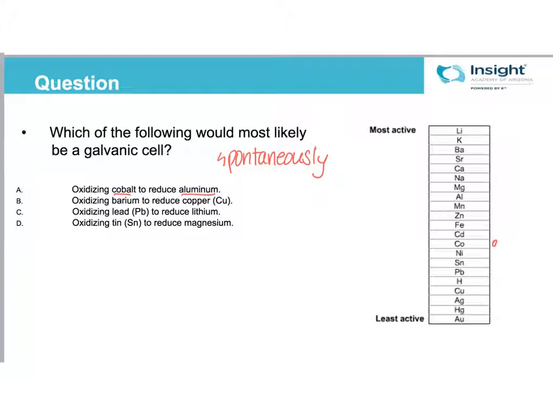If we want to oxidize cobalt, and aluminum is going through the reduction, we remember how this table works. These guys want to oxidize, and these guys want to reduce. So this is going opposite the trend of our reactivity series. So this one does not work.